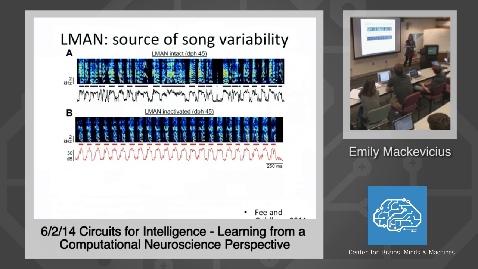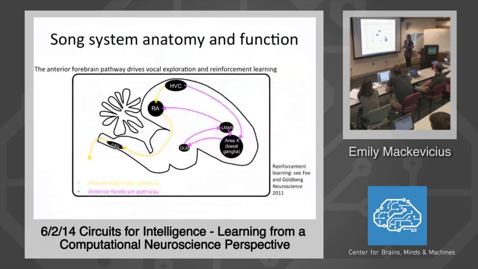There are several pieces of evidence that LMAN is a source of variability. If you have a young bird who's singing subsong, and then you lesion LMAN, all of this variability in his song will go away, and he'll be left with one repeated syllable.